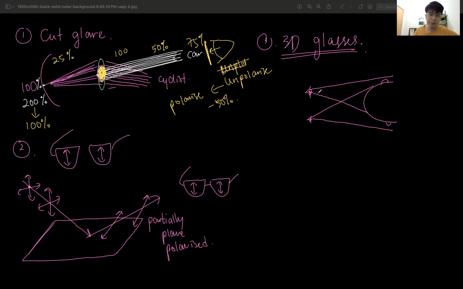So again, these are images coming from different perspectives. Based on those images, your brain forms a 3D model of what you are seeing. One eye cannot see the depth.